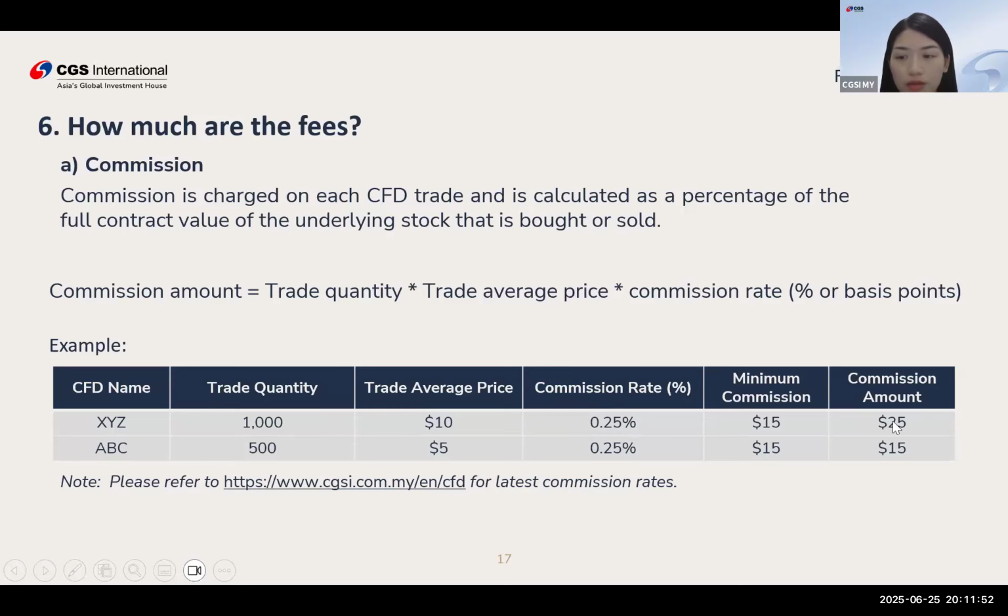So it costs you $25. Well, if you are trading ABC 500 units at $5, with the same 0.25% commission rate, we will still charge you $15 because of the minimum commission. If you want to know more, you can go to our website shown here for our latest commission rate.